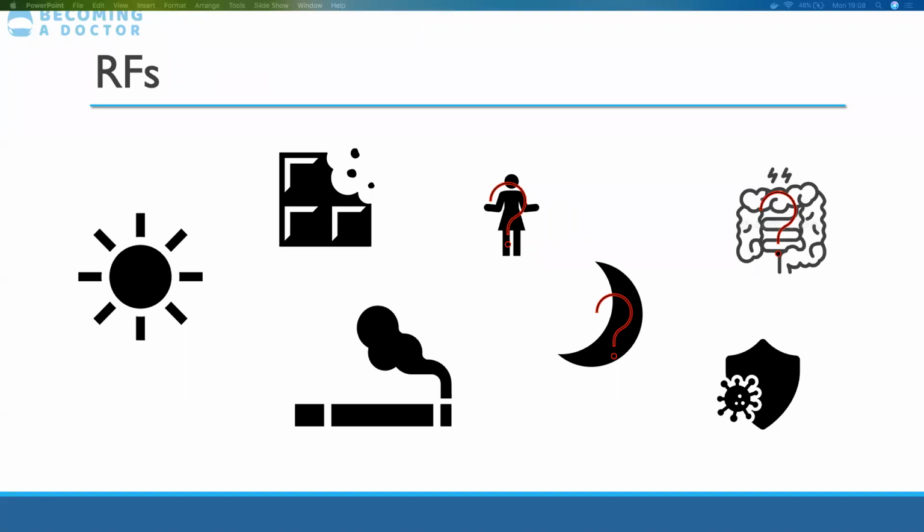Okay, so risk factors. With risk factors, the main one that is known the best is vitamin D deficiency. People that have increased UV radiation are said to have a decreased risk of MS. So increasing the vitamin D levels, especially before a particular age of like 20 years, is said to be associated with a decreased risk of MS later on in life.